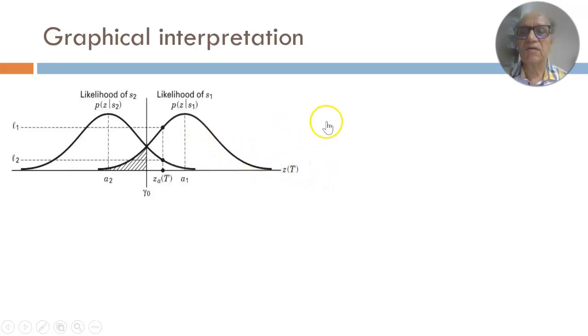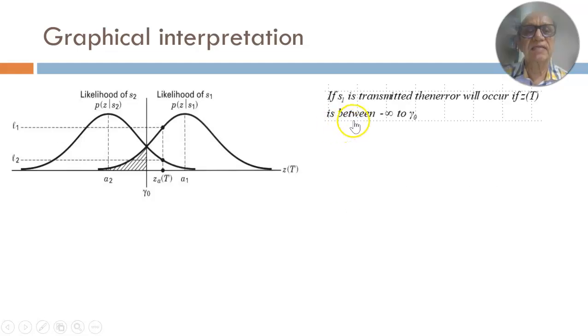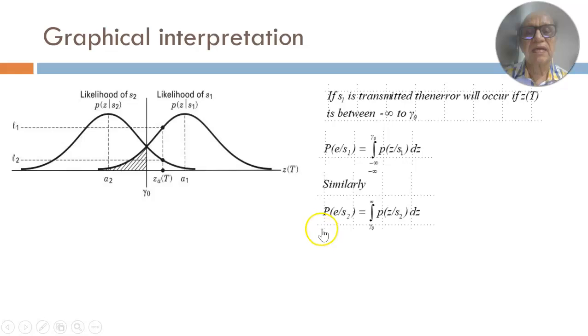These conclusions can be written down mathematically like this. If S1 is transmitted, the error will occur if Z is between minus infinity and lambda 0, as we discussed. So the probability that error occurs given that S1 is transmitted is the integral from minus infinity to lambda 0 of the conditional density function. Similarly, the error will occur if S2 is transmitted when Z is from lambda 0 to infinity.